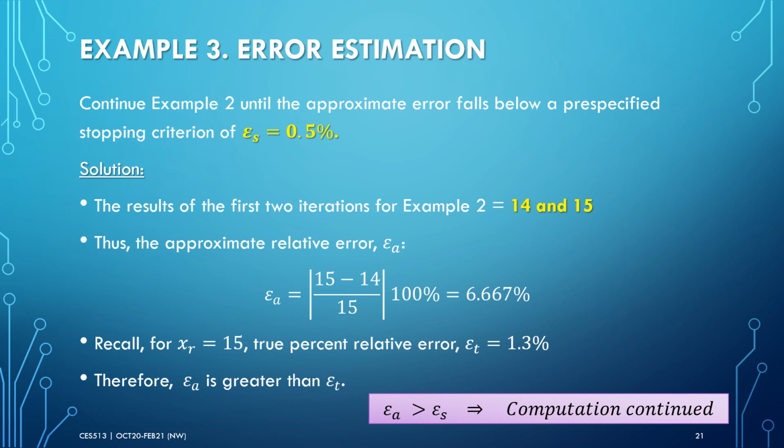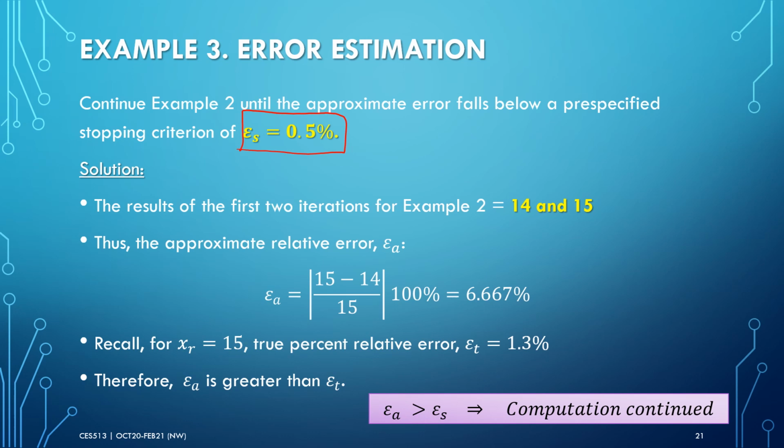So now we will look at example 3 for the error estimation. Continue example 2 until the approximate error falls below a pre-specified stopping criterion of 0.5%. So given in the question, the pre-specified stopping criterion equals 0.5%.